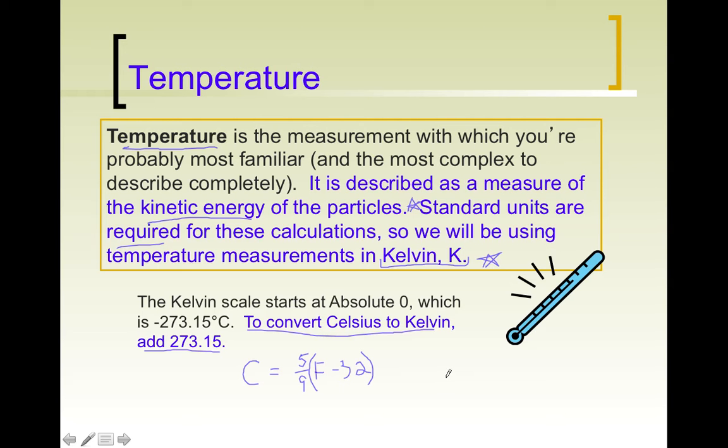So if I did a quick calculation, let's say that I was trying to convert, let's just do 98.6, since that is the standard temperature for a human being. So I'd be subtracting off 32.